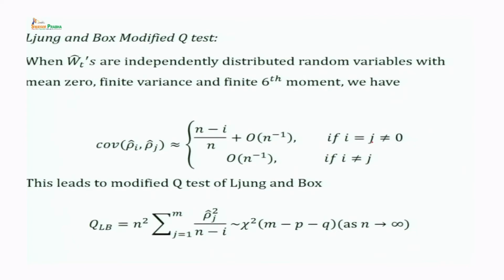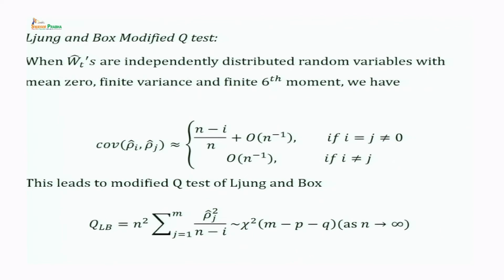So, for i equal to j, the variance of rho hat i is approximately equal to n minus i upon n, and for i not equal to j, the covariances are equal to 0. Under H naught you have this result, because under H naught W hat t's are independently distributed random variables.